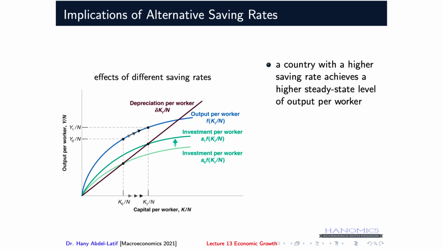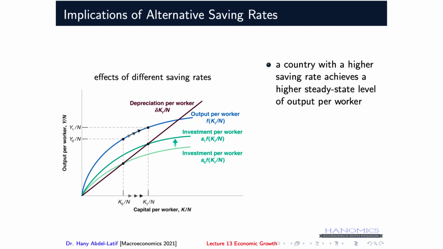So we move from the curve where the saving rate is S0 to the second one. We shift upward, and that means we move along the production function, so we have higher output per worker.